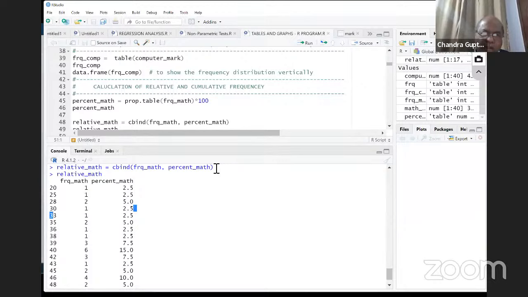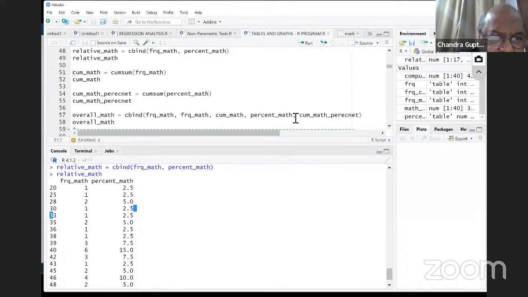If you want cumulative frequency, then you can calculate it by using the command cumsum, the cumulative sum, of the frequency of maths. And if you want the percent of it, then you can take the percent of the cumulative.